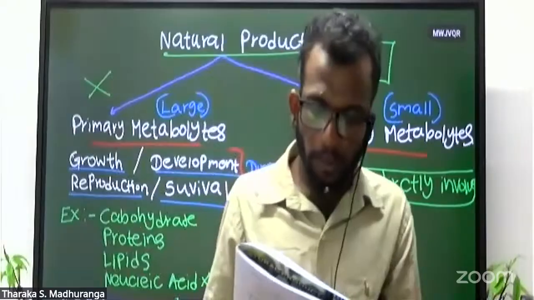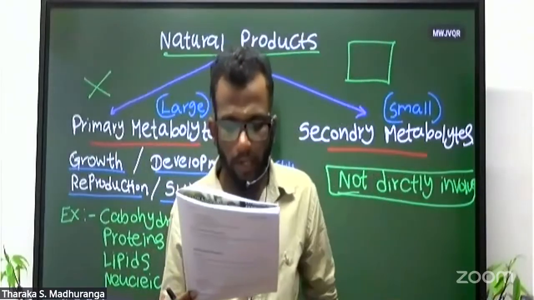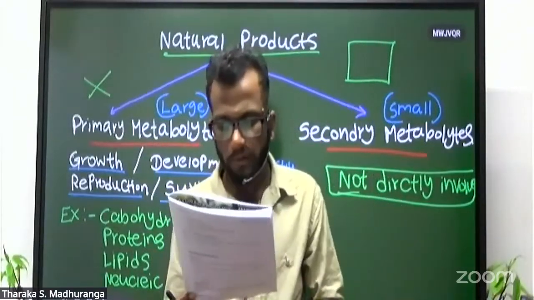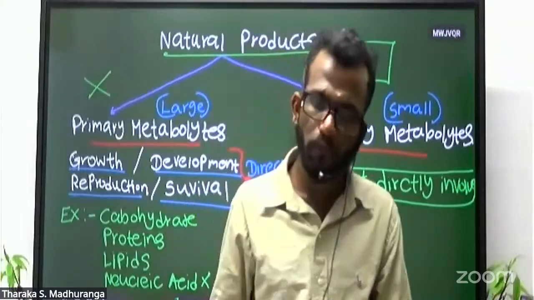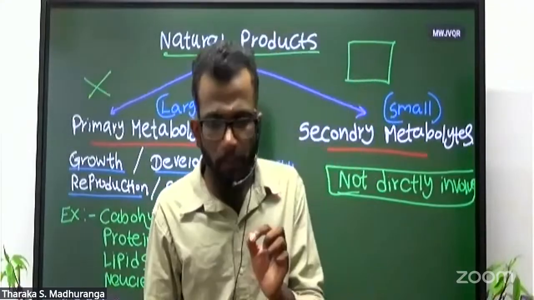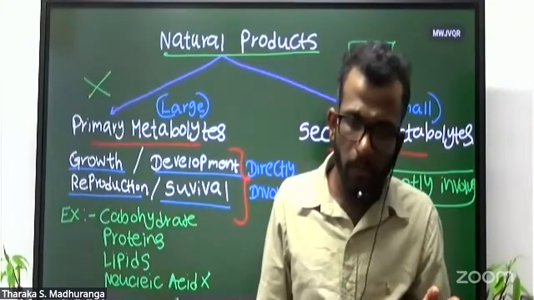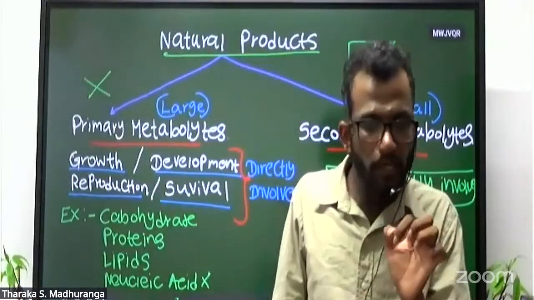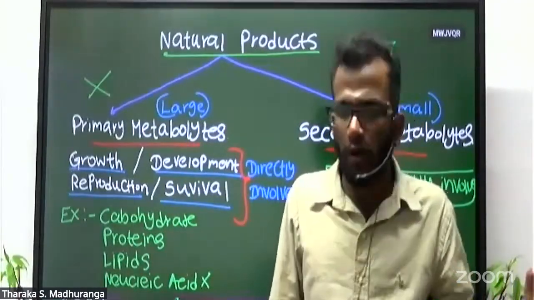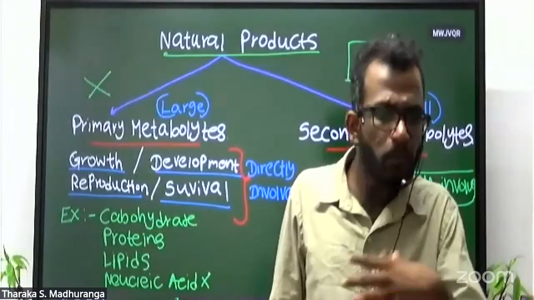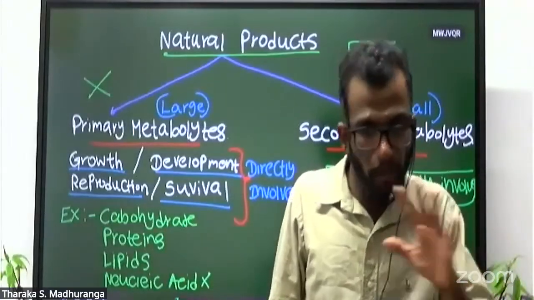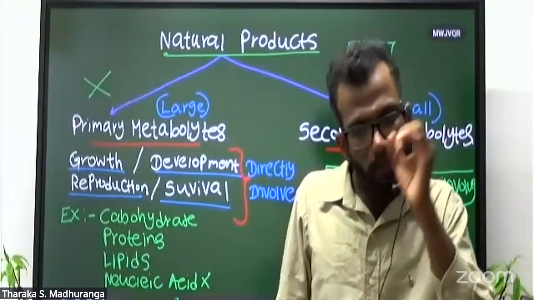Second paragraph: secondary metabolites are unique organic compounds that belong to a limited group of organisms. Another important factor is that we cannot find secondary metabolites in all organisms, but primary metabolites we can find in every organism.